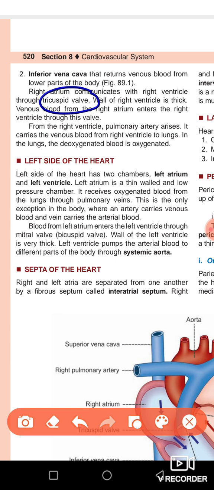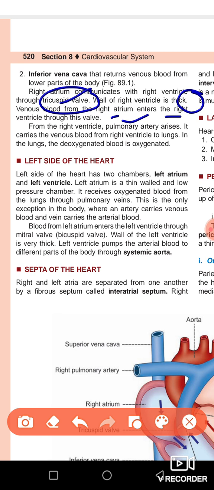So the right ventricle has thick musculature, and the blood from the right atrium goes to your right ventricle through this tricuspid valve. Okay, then from the right ventricle comes the pulmonary artery, and this pulmonary artery carries deoxygenated blood. This is the first artery, the pulmonary artery, which carries deoxygenated blood, while all the other arteries carry oxygenated blood.